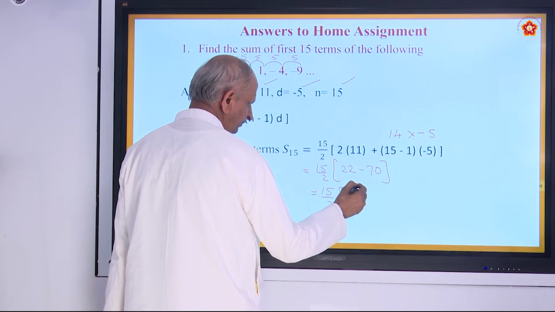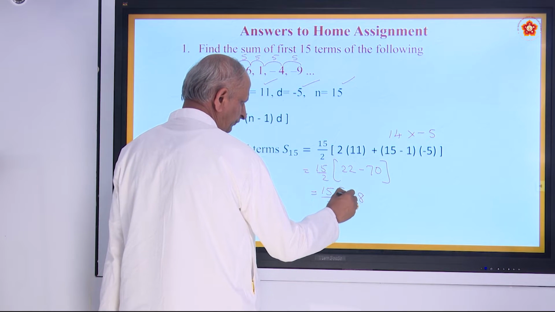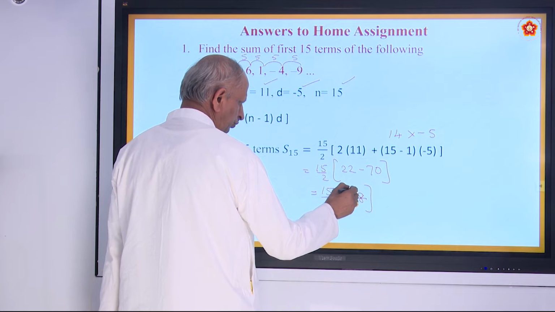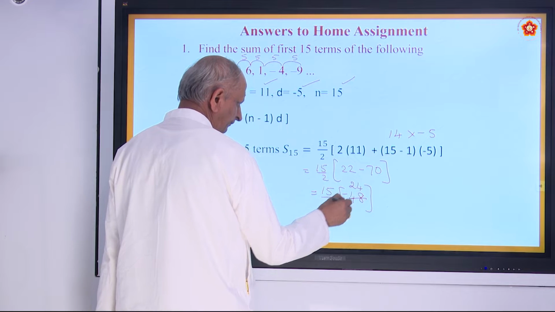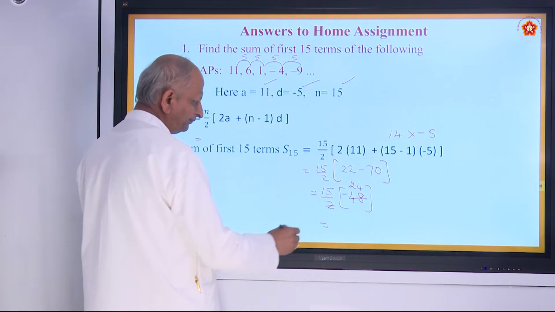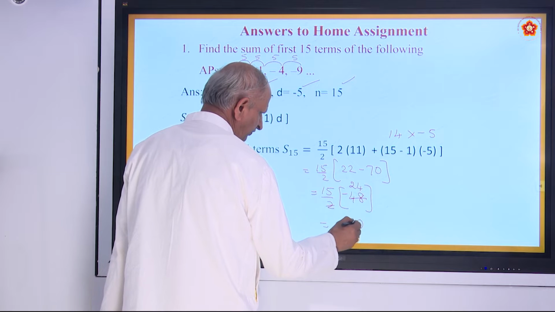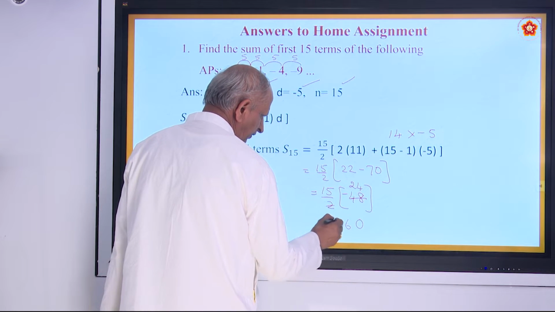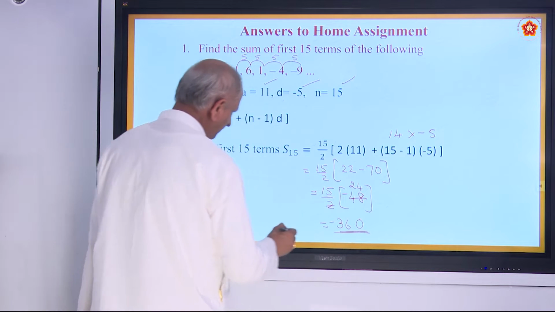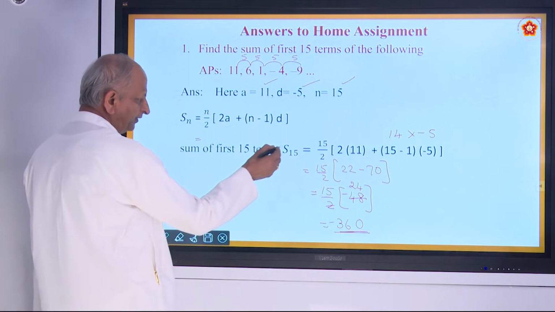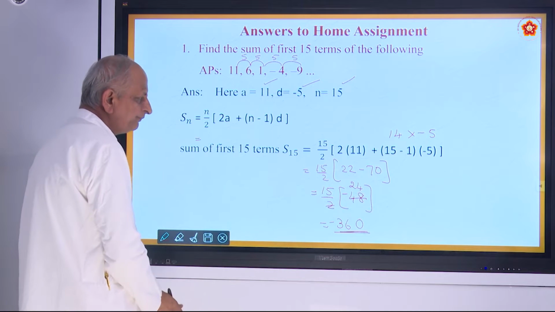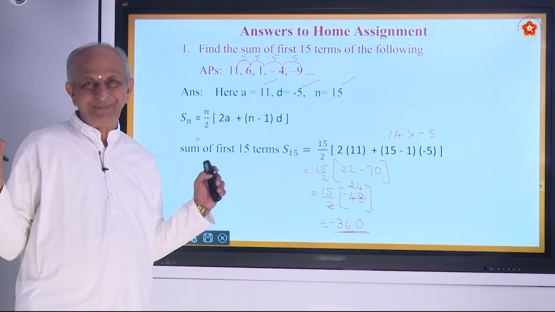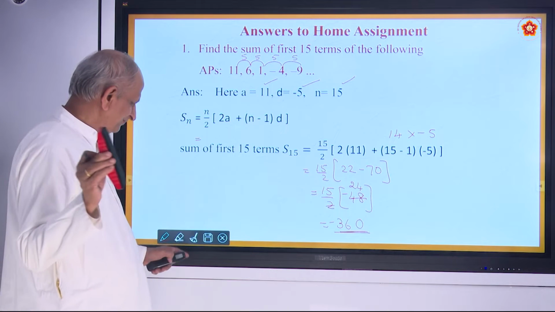Minus 2 ones are 2, 24s are 24 into 15, 15 fours are 60, 30 plus 6, and minus. So the answer is the sum of 15 terms is equal to minus 360. All of you can do it now. So simple, so interesting, right?